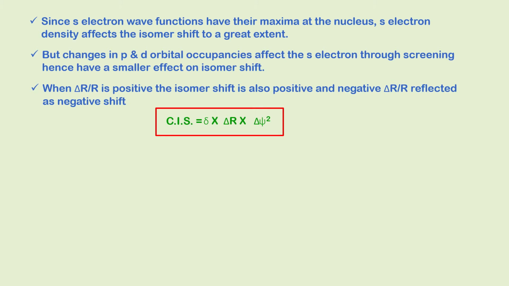In short, we can say CIS is directly proportional to delta R and delta psi square. Some factors first: the Mossbauer spectra of Fe compounds.